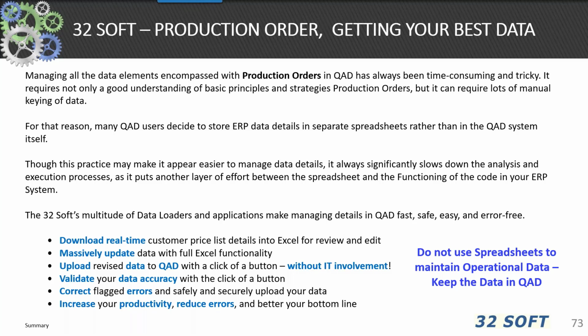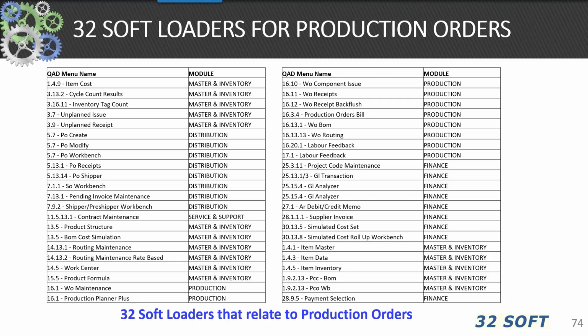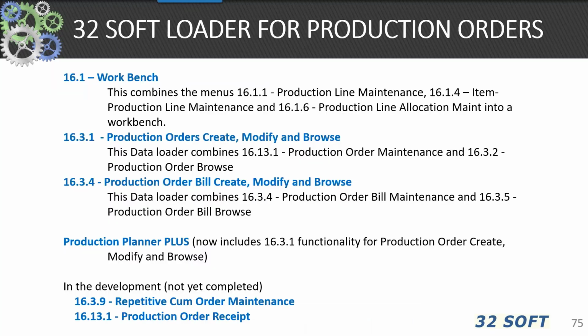You can massively update data, validate your data, correct errors, and increase your productivity. As we've seen, production orders basically include everything you need to know about manufacturing. 32Soft can bring logic, accuracy, and consistency to that process.